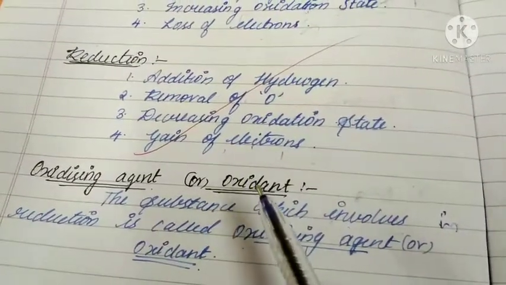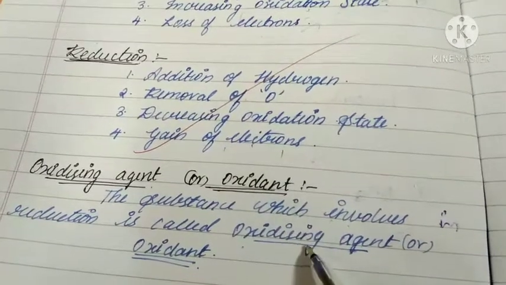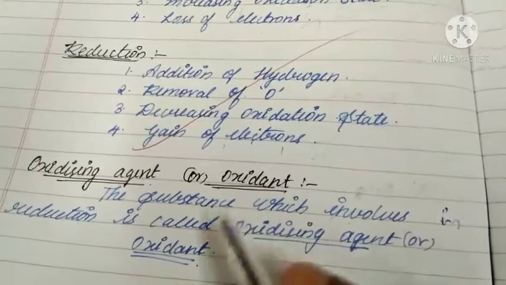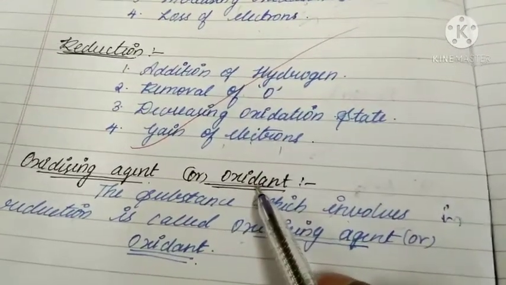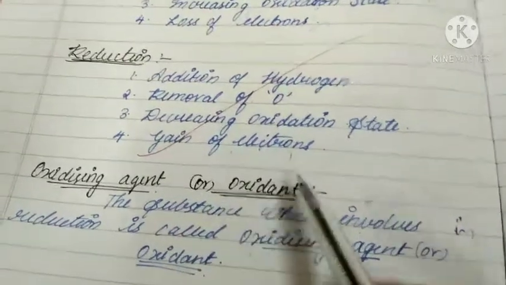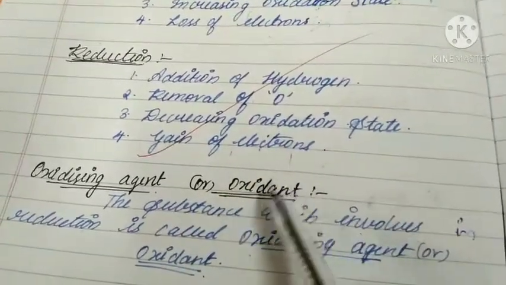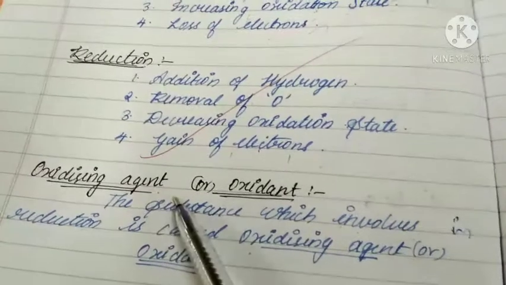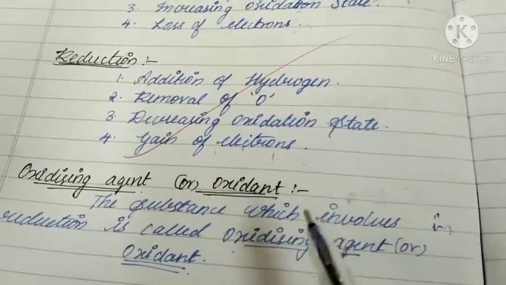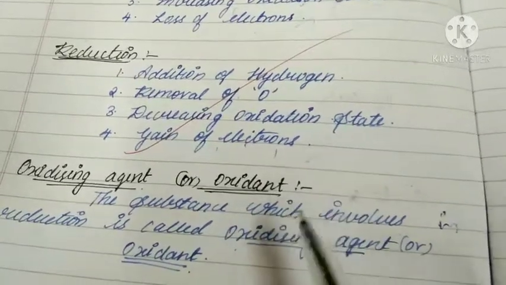If a substance is involved in a reduction reaction, that is called oxidant or oxidizing agent. The oxidized substance is different, that is again different. Here I am talking about the oxidizing agent. One more name is oxidant. If a substance is involved in reduction, that is called oxidant, that's it.